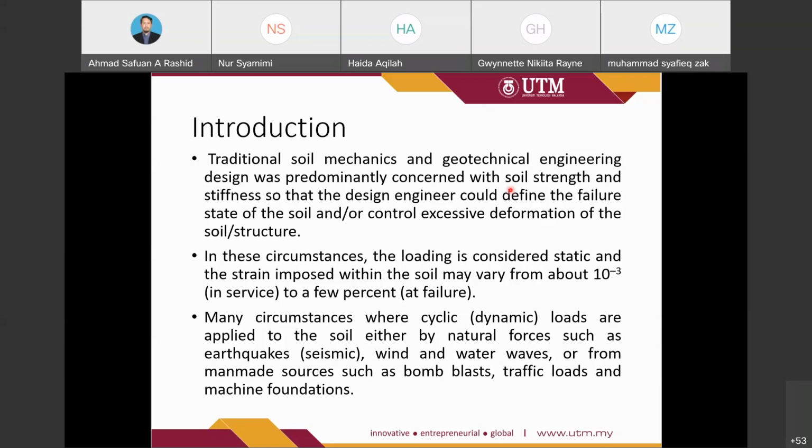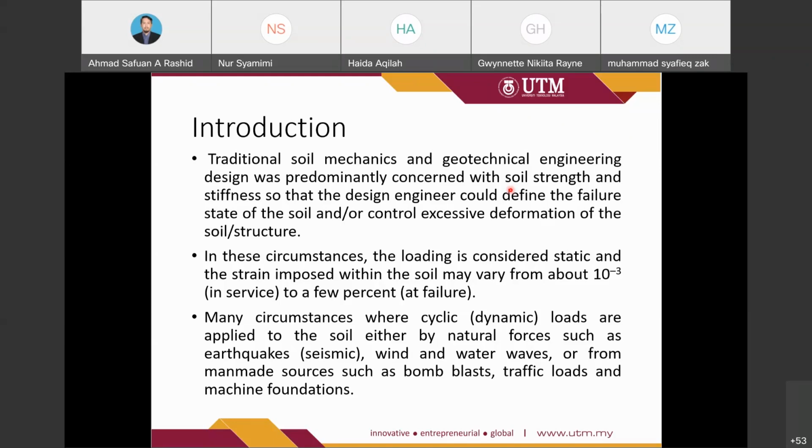In our area, in terms of magnitude, most probably it's not very high. For example, for seismic, we are not in the ring of fire. Indonesia, for example, is located in the ring of fire, compared to Malaysia, so we are far from that area.